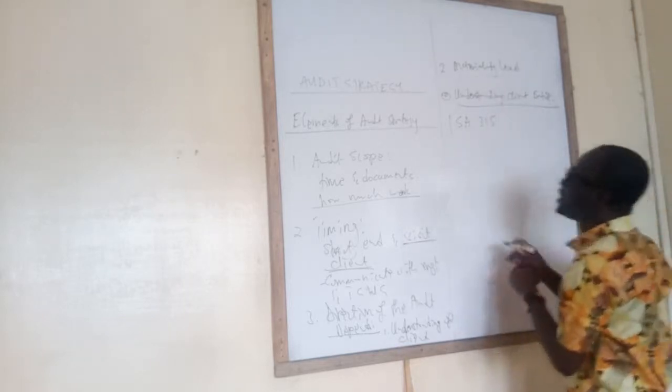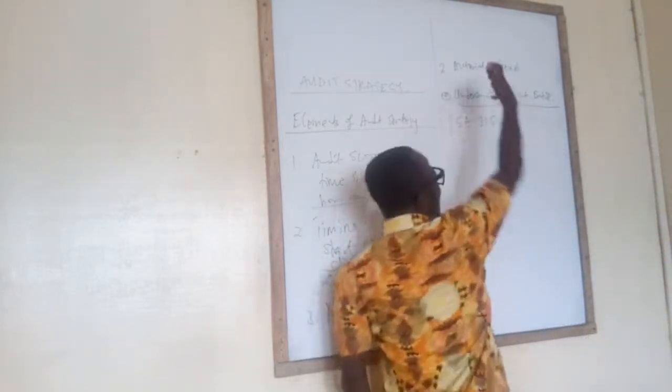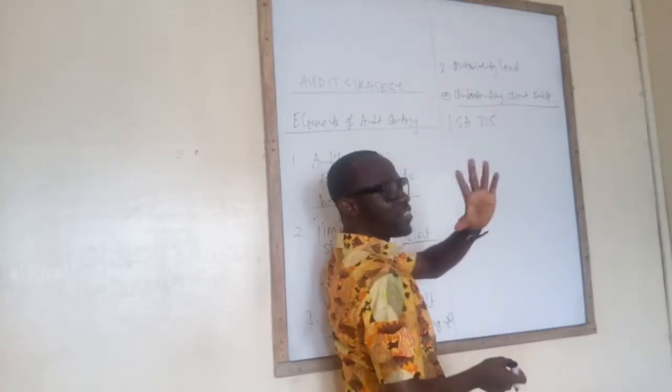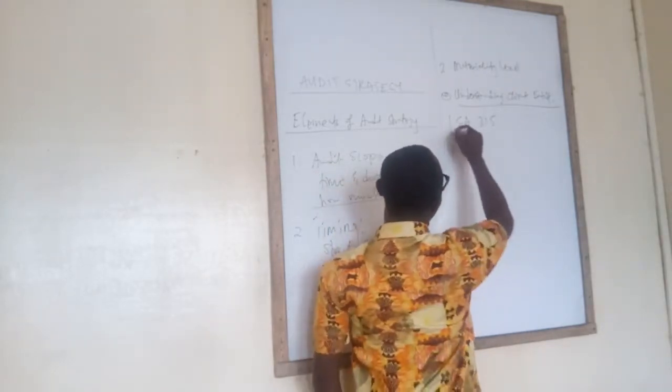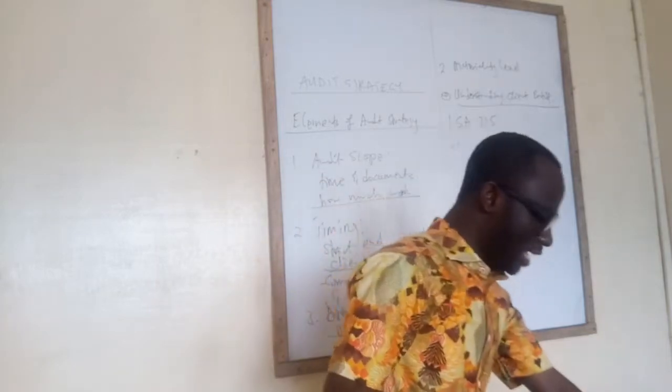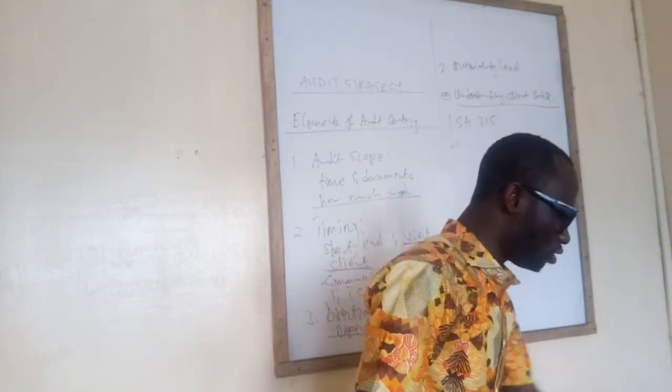And it further says that in order to understand the client entity, there are 5 things we need to note about the client entity. Number 1 is internal control system.